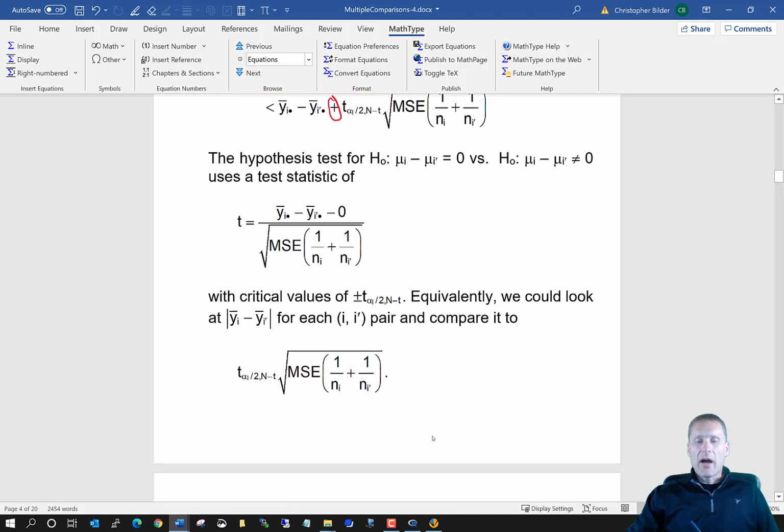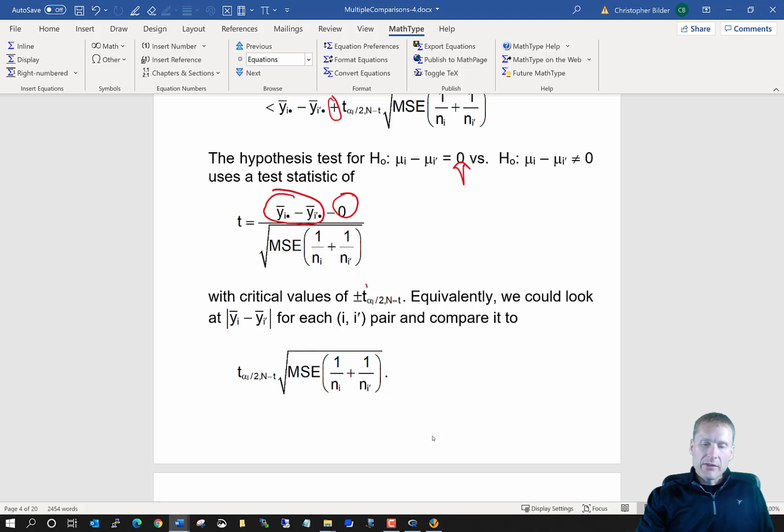To do the hypothesis test with a test statistic, it's very similar to what we saw previously when doing hypothesis tests for just 2 means. We have the 2 sample means up here, and since we're checking whether the population mean difference equals 0 or not, we have a 0 there, so you could actually just remove it. This is divided by the square root of MSE times the quantity that represents the inverses of the sample sizes added together.